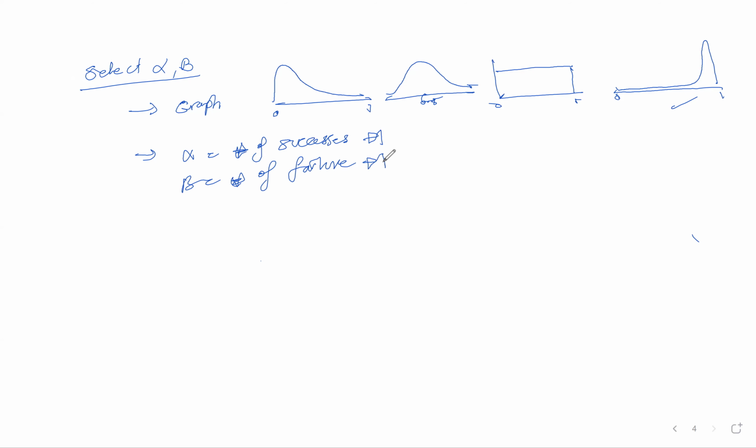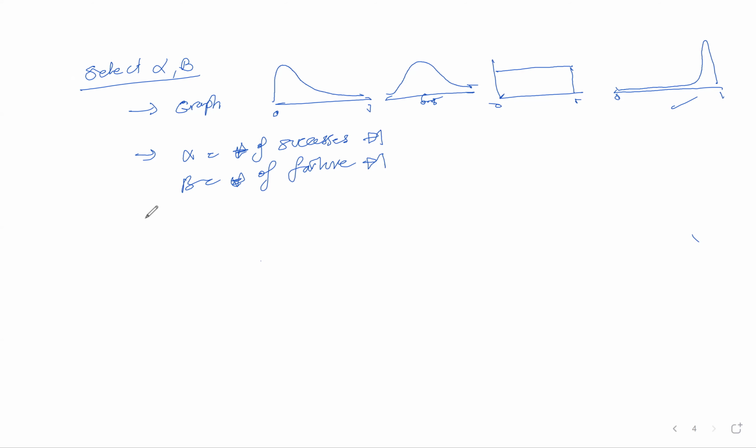When you use this method, you will use a beta distribution with alpha and beta, and this beta has information equivalent to the information in the sample of the previous study, because a sample of 100 has more information than a sample of 50. So this is how to quantify the information based on the sample size. If you use alpha equal to the number of successes plus 1 and beta equal to the number of failures plus 1, it means you use a beta distribution that has information equivalent to the information in the previous study.